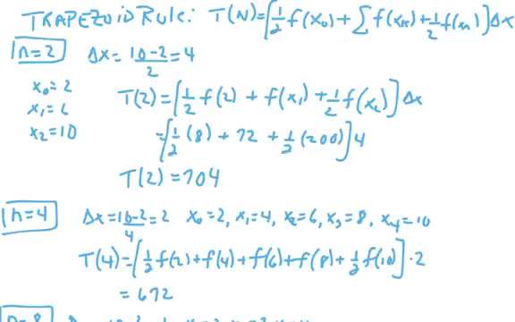So with the trapezoid rule, we know the formula is here. And again, you start off by always computing your delta x. For n equals 2 trapezoids, we're going to compute where you start. You start at A and you end at B, and then you just add delta x to A. So 2 plus 4 is 6, and then 6 plus 4 is 10.